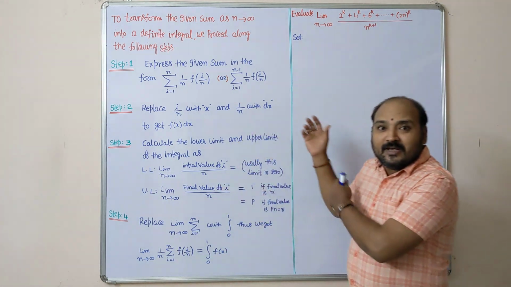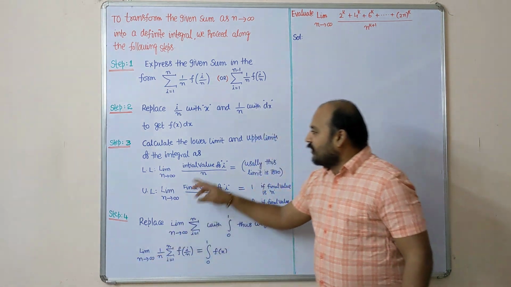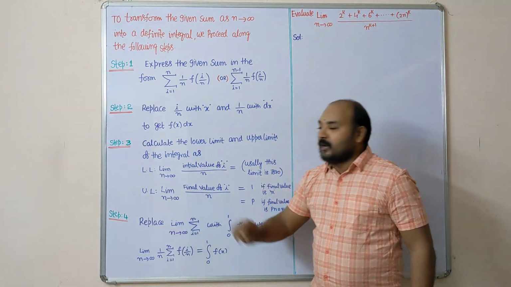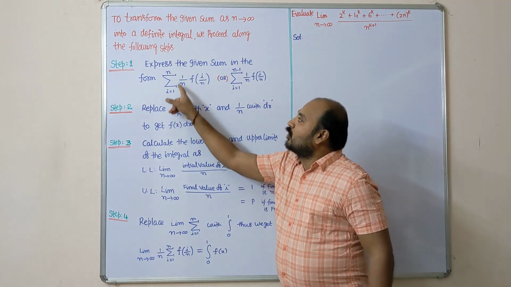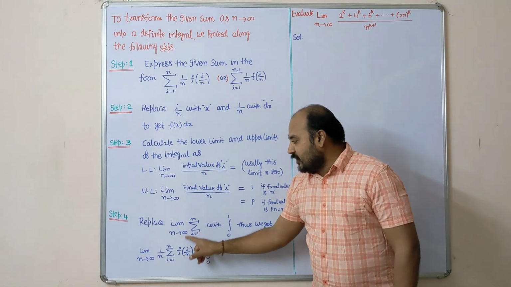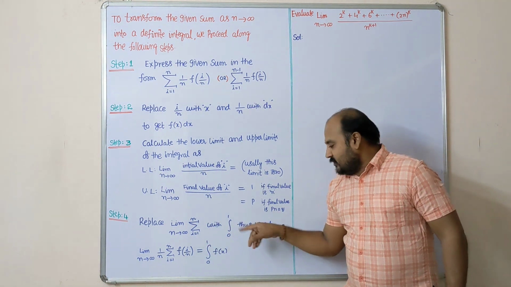According to the steps, I will give the example. Don't worry about the procedure. Next, come to step 4. Replace limit n tends to infinity, sigma i equal to 1 to n, with integral 0 to 1.